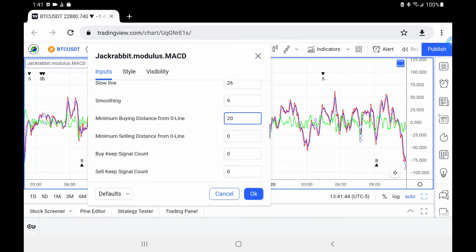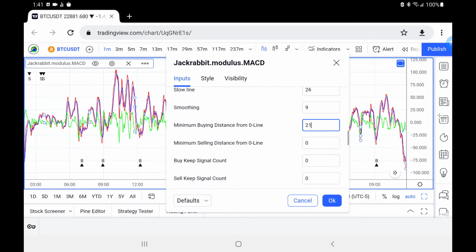So let's see if we can get this down a little bit better. And just by using the up and down arrow on the field, you can slowly filter out signals that don't meet a certain criteria.